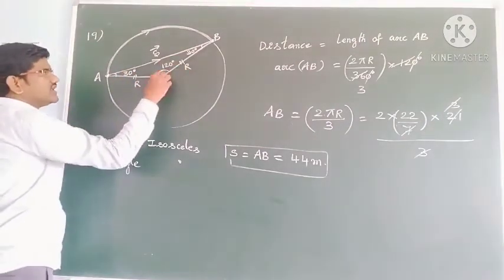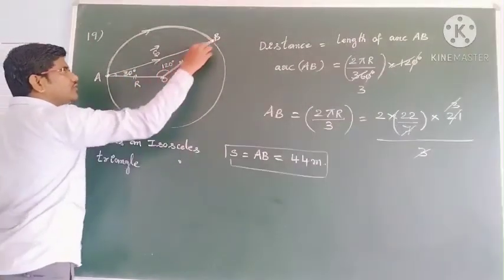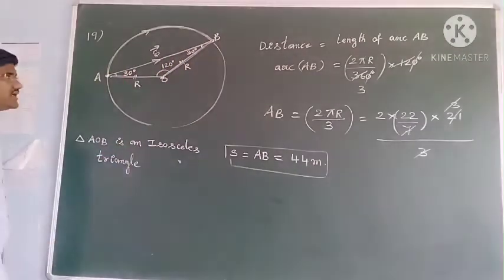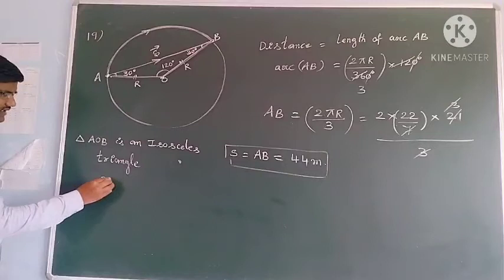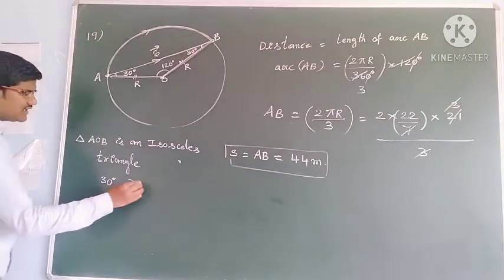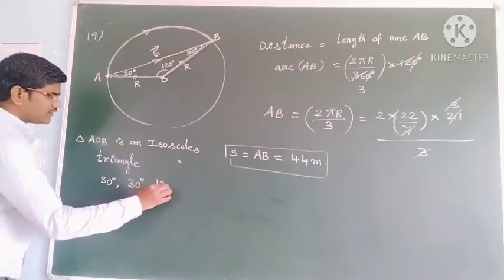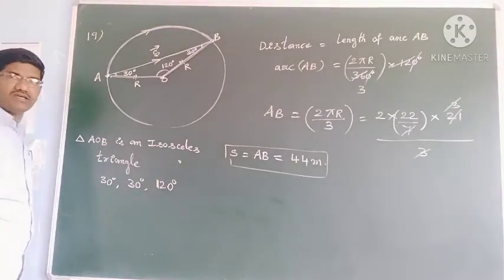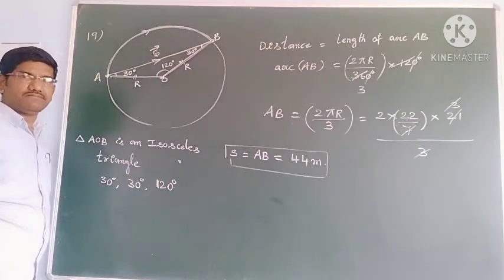This is the radius from the center of the circle, this is the radius, and we have a triangle with 30 degrees, 30 degrees and 120 degrees.